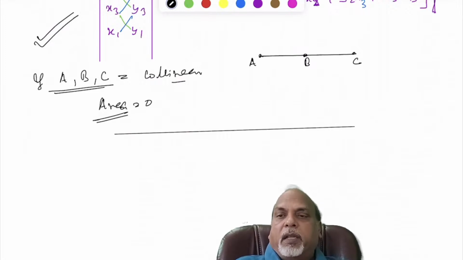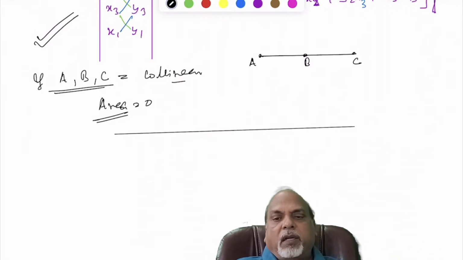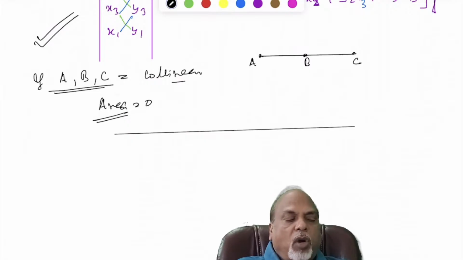Then suppose you are given a line PQ and it is divided in a 1:2 ratio or 3:4 ratio, what will be the coordinate of the dividing point? Or we can divide the line externally also. All these things you are going to see in our next lecture.